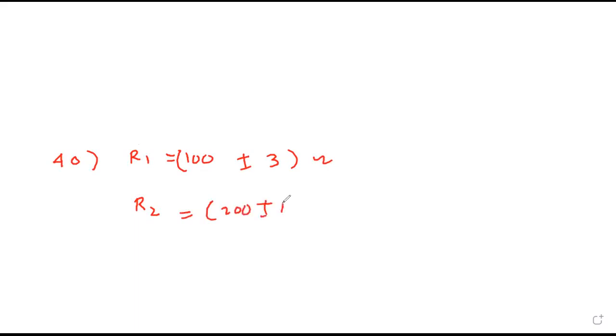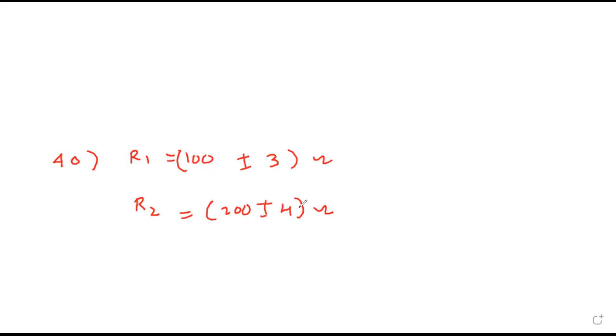Sum number 40. Two resistors are given as R1 equals 100 plus or minus 3 ohm and R2 is 200 plus or minus 4 ohm, connected in series and then in parallel.